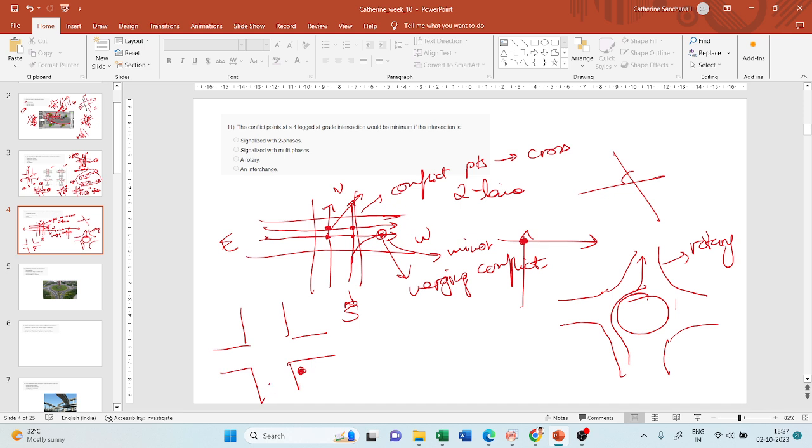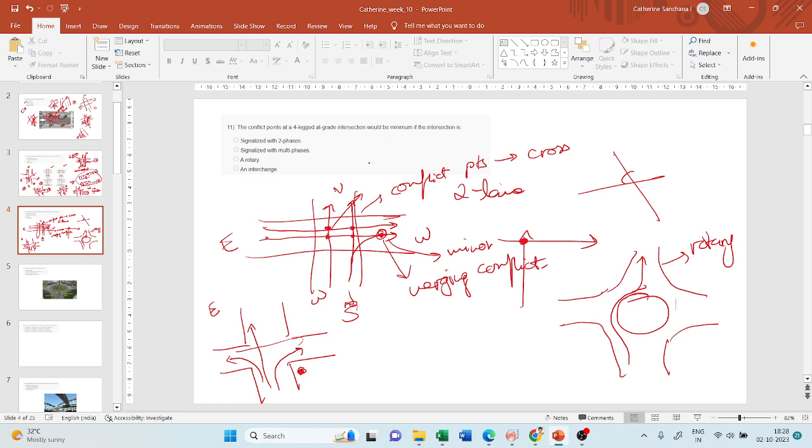When you give green to this leg, vehicles will be moving in this direction, in this direction, and in this direction, correct? So there's no possibility of the vehicles conflicting with one another, because there are no vehicles coming in the east-west direction, and even when they are planning to merge, there won't be vehicles coming in the east-west direction. So the number of conflict points can be minimized to a greater extent when you provide a signal.